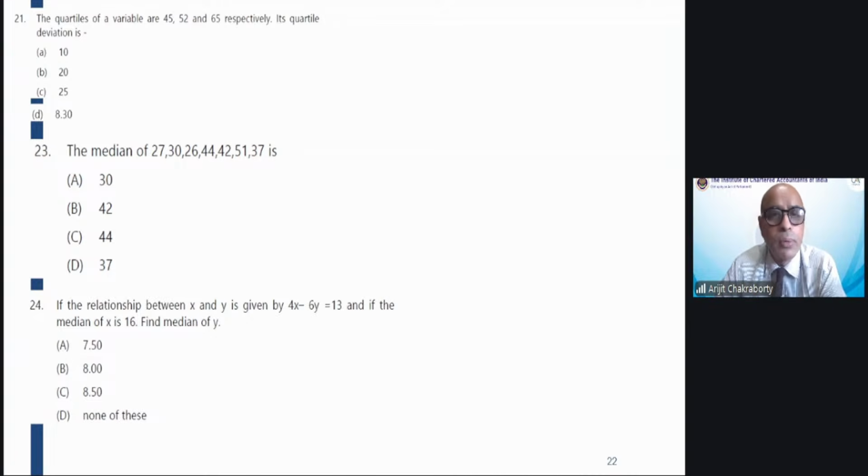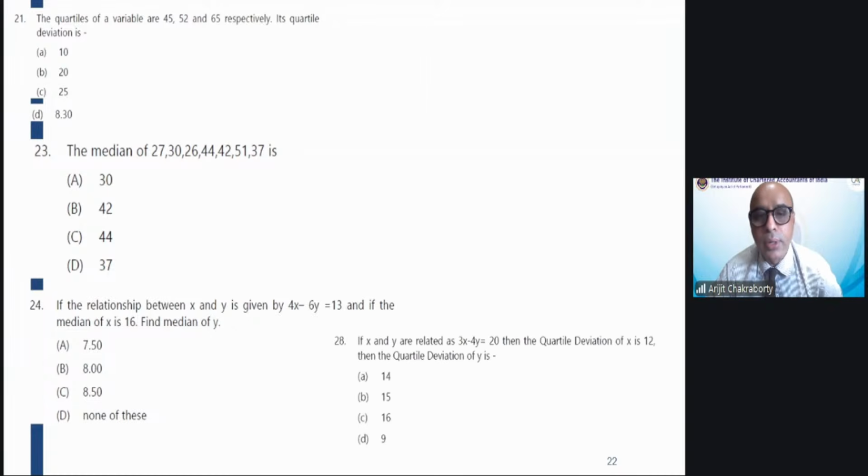Once you arrange them, you will get the middle number and you can get the right option. 24th question, if the relationship between x and y is given, 4x minus 6y equal to 13, and the median of x is given. This is a very common type of problem, and this pattern of problems is repeated.